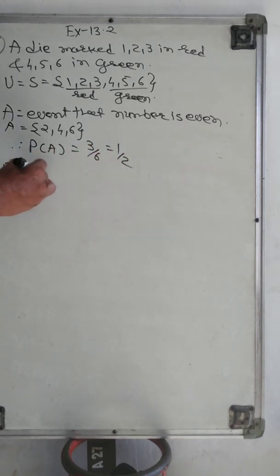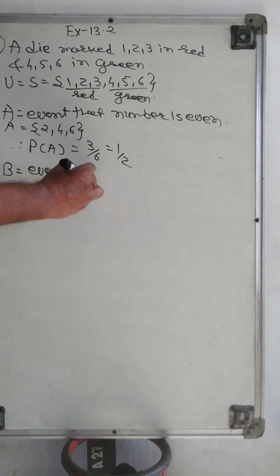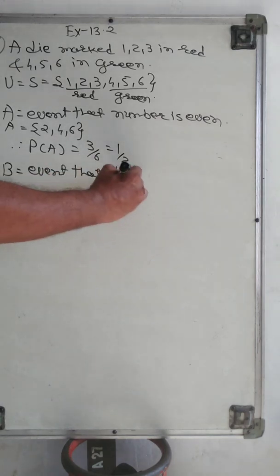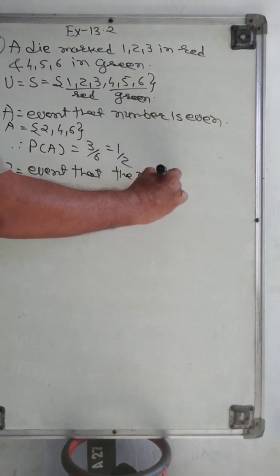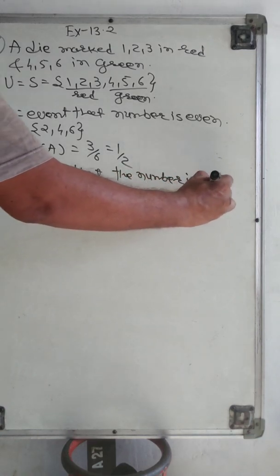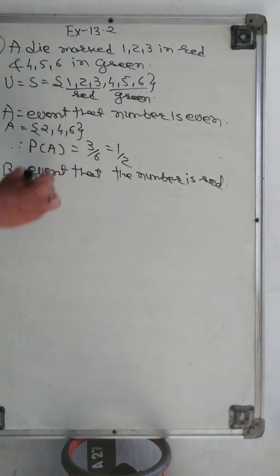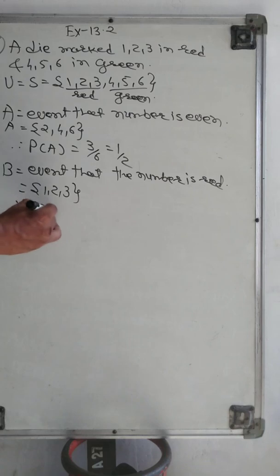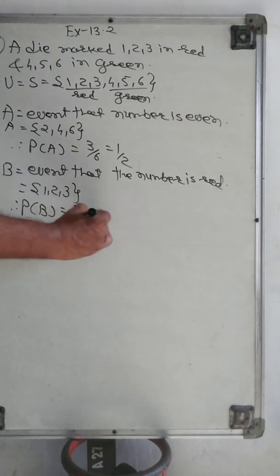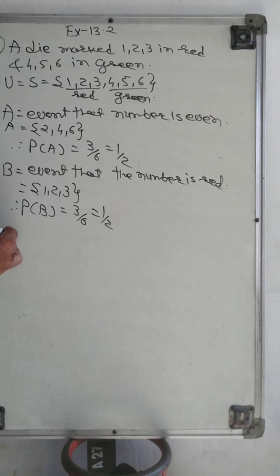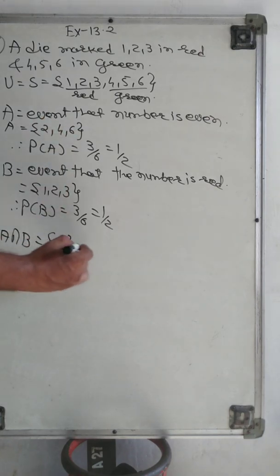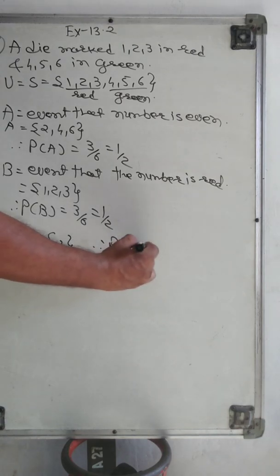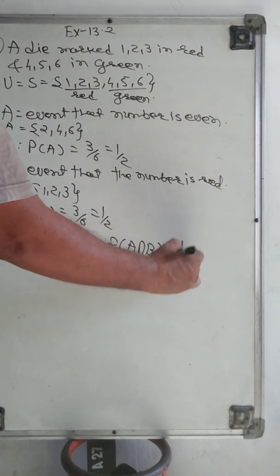In the same way, B is the event that the number is red. The red numbers are only 1, 2 and 3. Therefore P(B) is also 1 by 2. Now A intersection B is only 2. So P(A intersection B) is equal to 1 by 6.